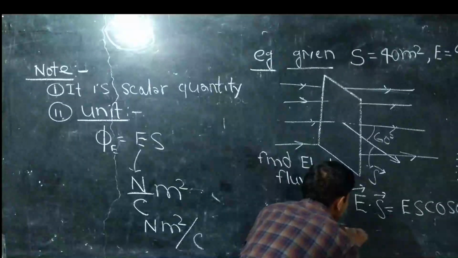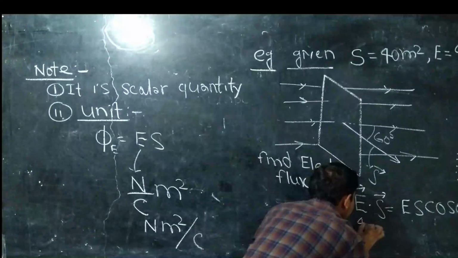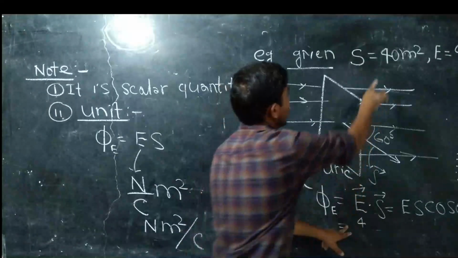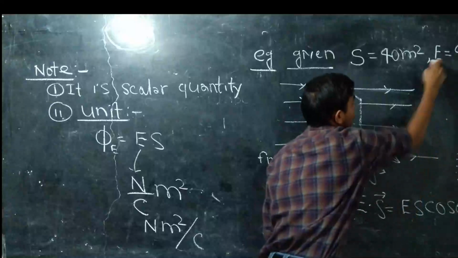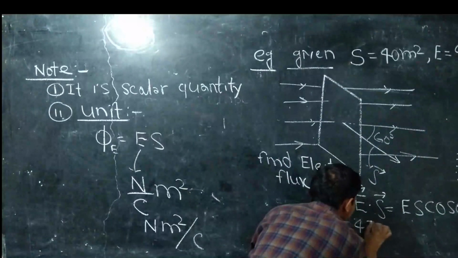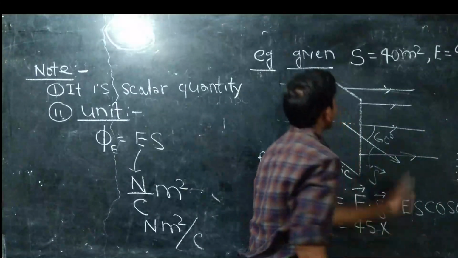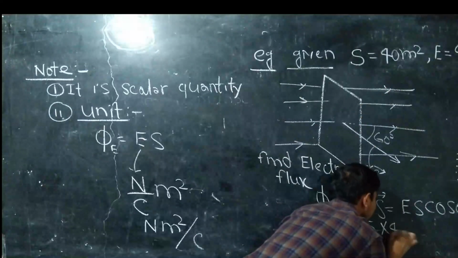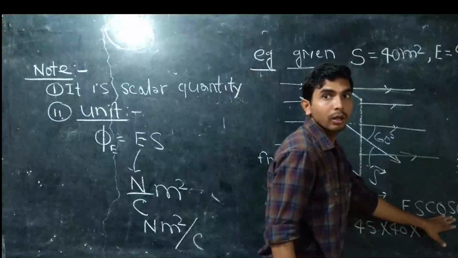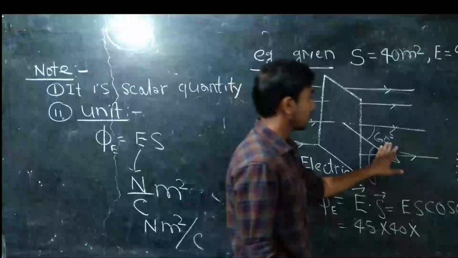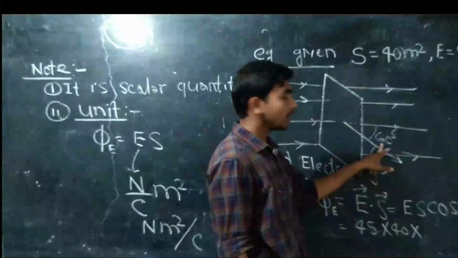So I am substituting the values. First, electric field is 45, and S is 40, and cos 60 degrees, since theta is 60.